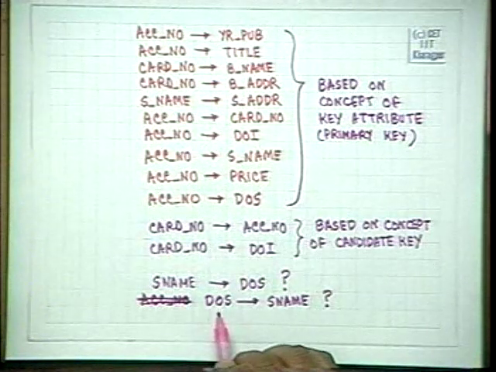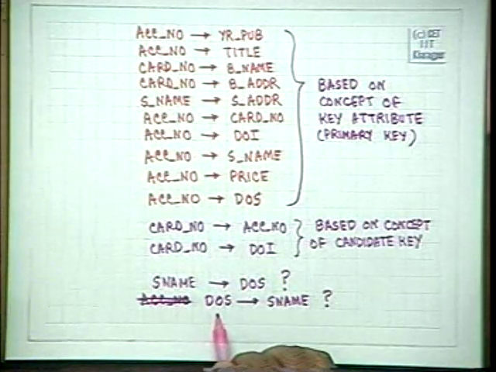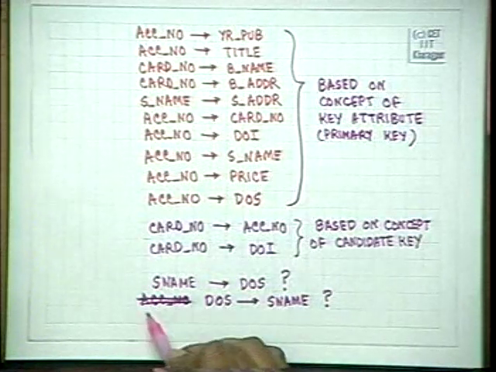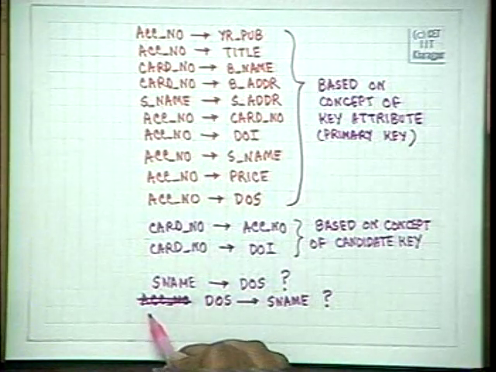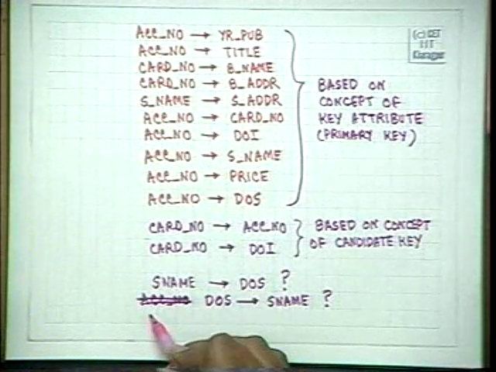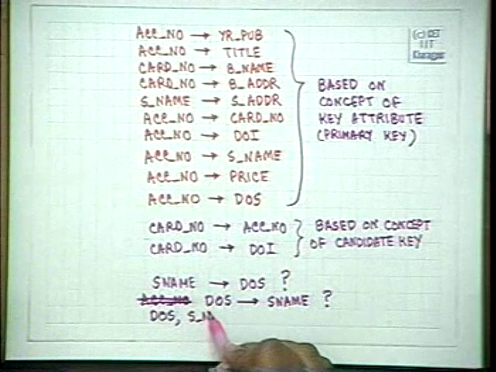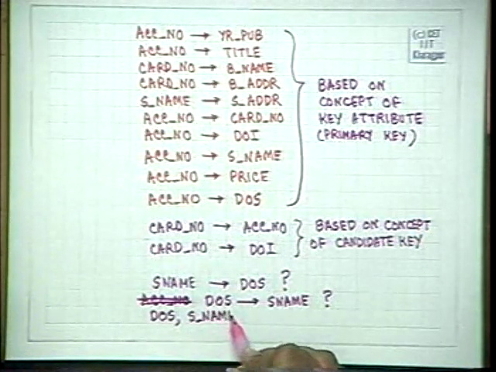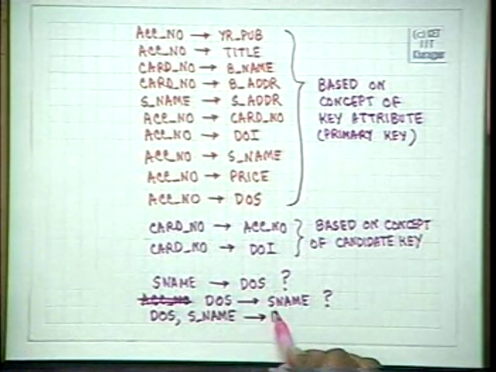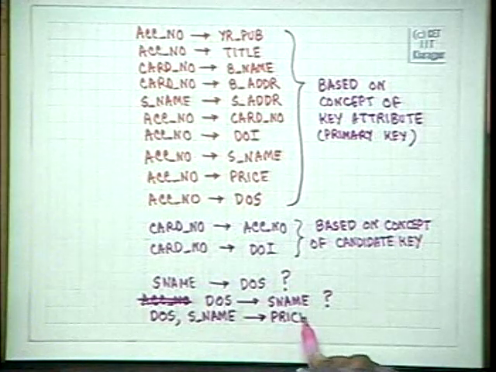This means combination of date of supply and S name will have, let us see what this means. I'll write it out carefully.